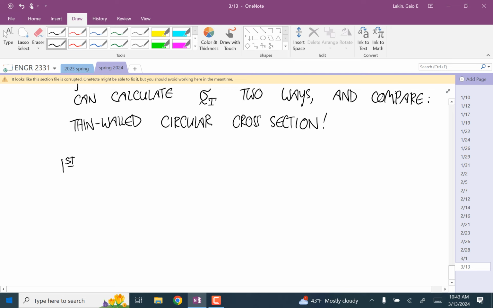So first, let me give you the problem. Let's say we have this beam, and the length doesn't change anything. And we have this torque T applied.